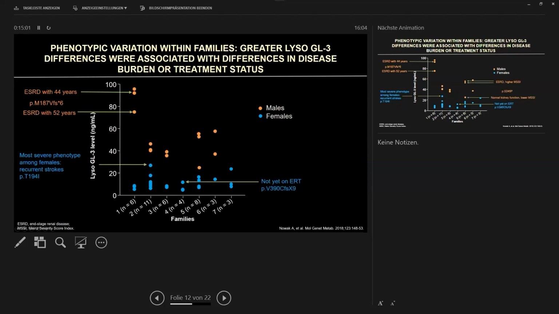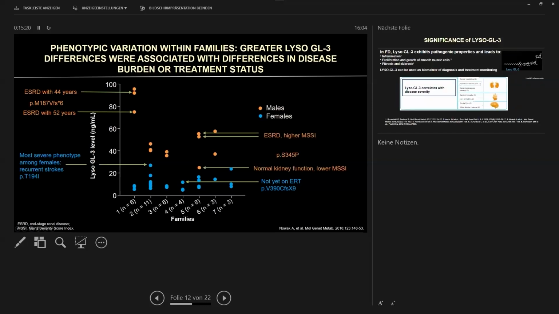And then if you look at this female, she has the highest Lyso-GB3 level. She is not yet on therapy. This is why the level is higher. So Lyso-GB3 is also associated with the treatment.